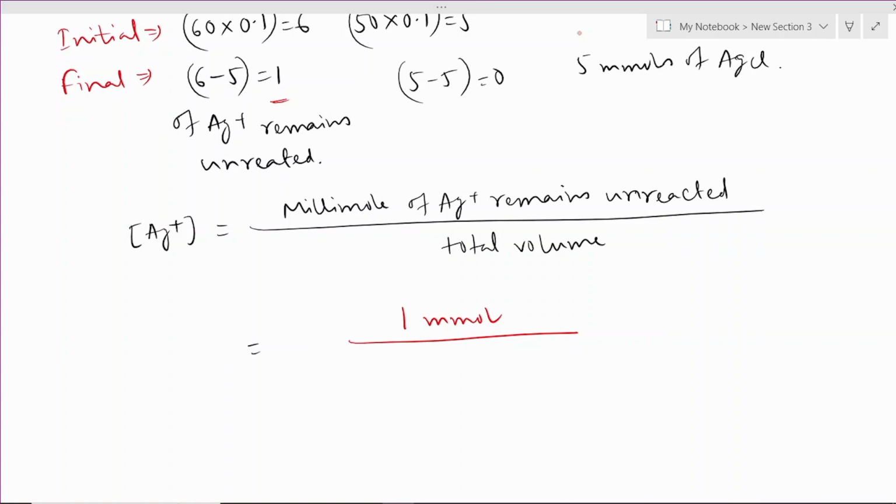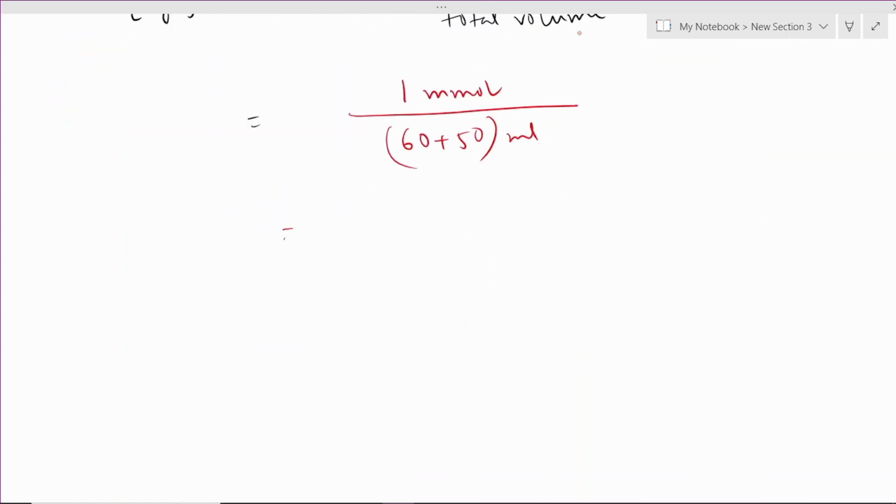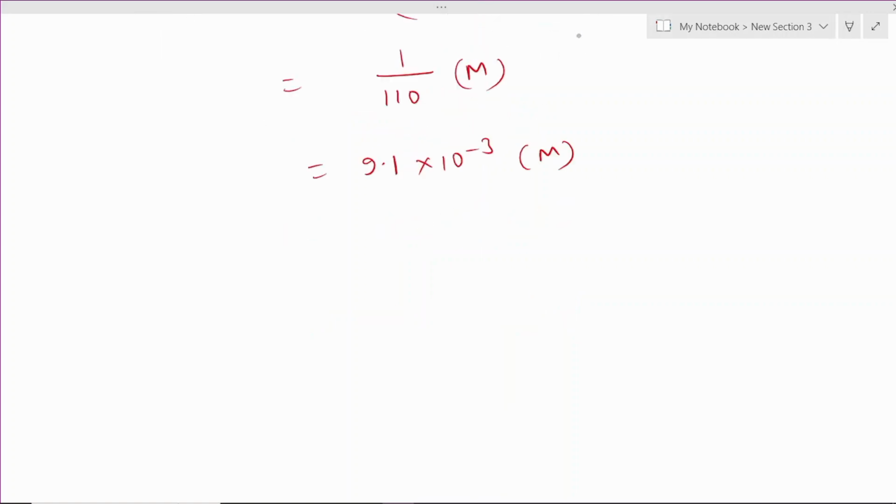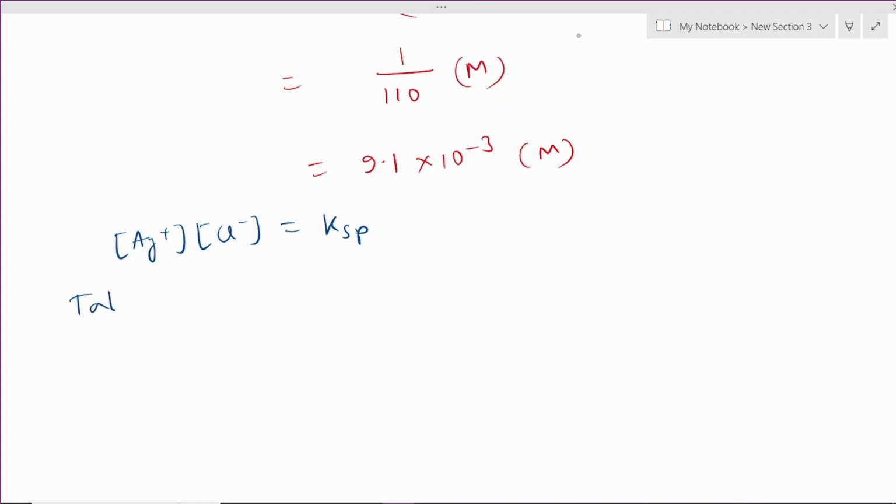So the total volume is 60 plus 50 ml. So you get 1 upon 110 molar, that is 9.1 into 10 to the power minus 3 molar. Now we know that the concentration of Ag+ into the concentration of Cl- is nothing but Ksp of AgCl. So we take the negative logarithm on both sides.